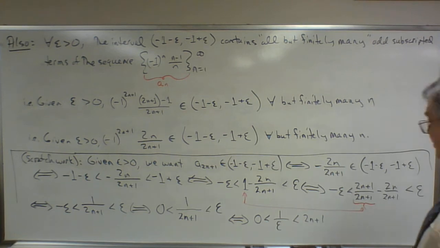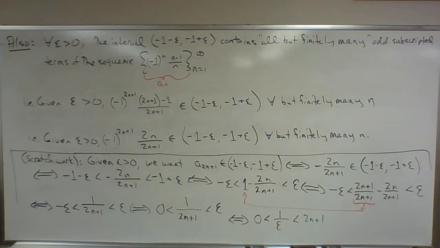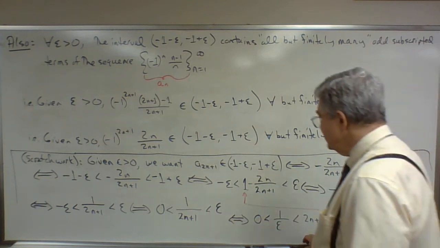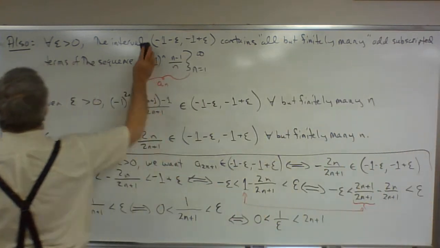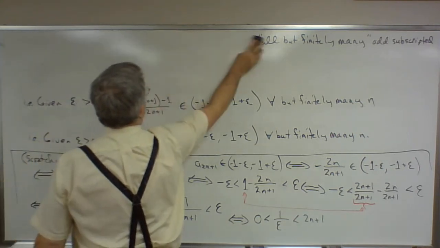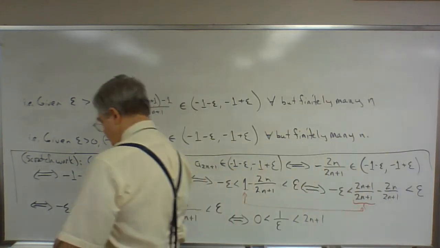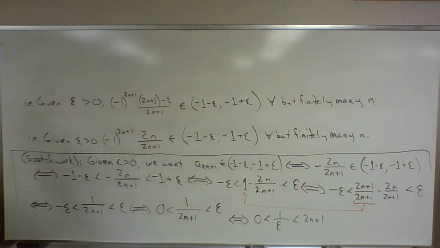That we want 2n plus 1 to be greater than 1 over epsilon. Okay. And by the way, here's where my scratch work ends.